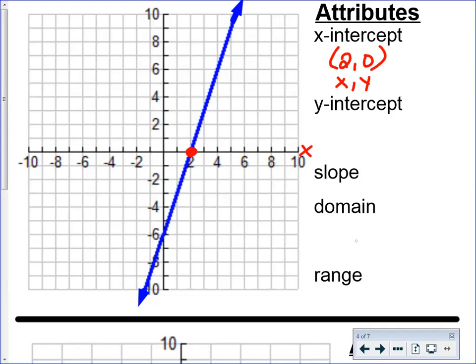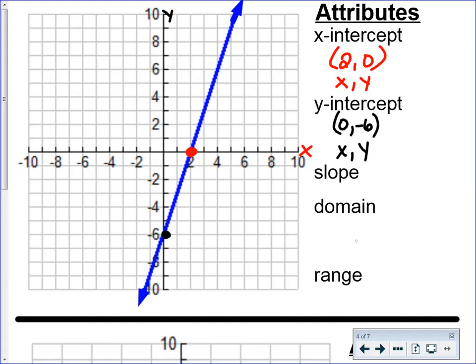Moving on to my y-intercept. My y-intercept is where I cross the y-axis. So where is my blue line crossing the y-axis? I go all the way down, and I see it's right here at -6. So my y-intercept, again, x goes first, y goes second. My y-intercept is 0, -6.